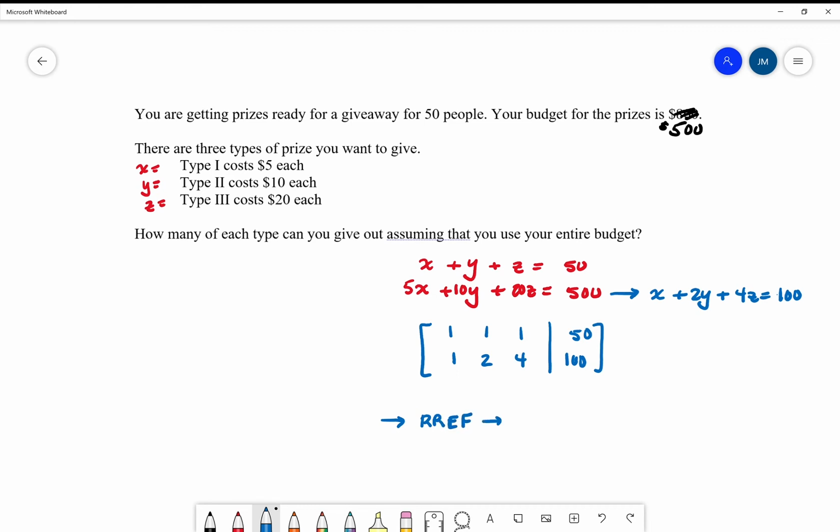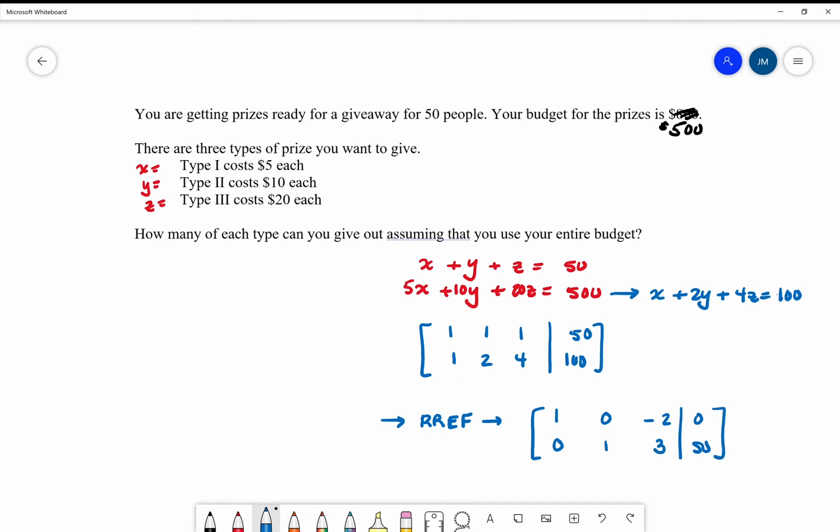Whether using a calculator or an online calculator, there's a ton out there, we're not going to go through this by hand, but here is where we end up because it's the solution that's really important here. We end up with 1, 0, negative 2, 0, and 0, 1, 3, 50.